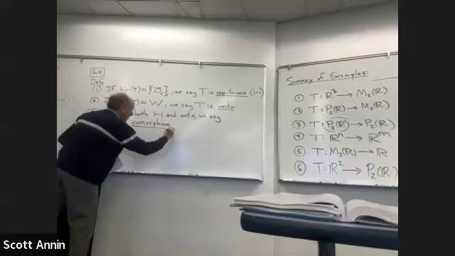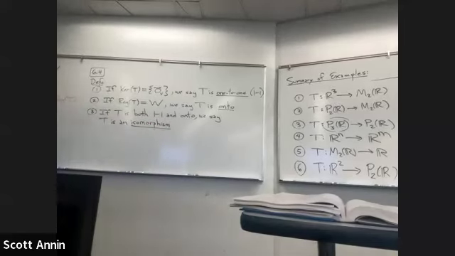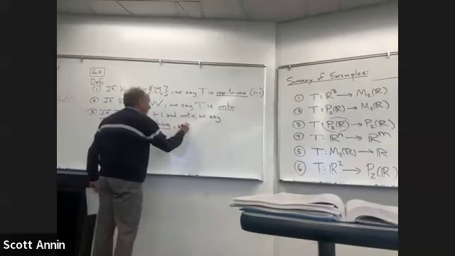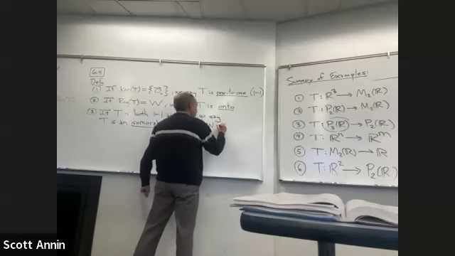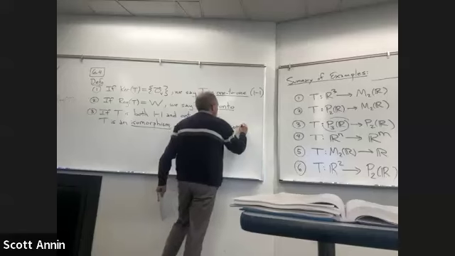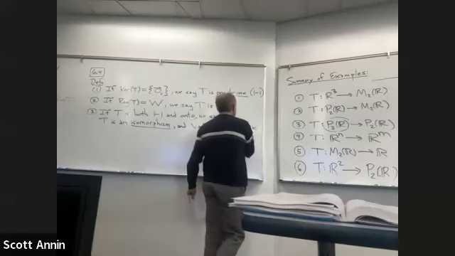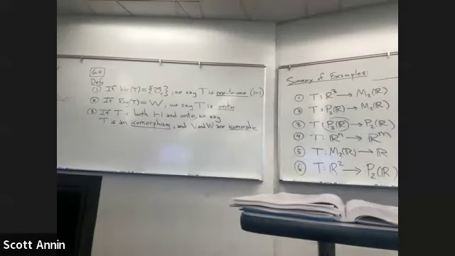Fancy word here. In this case, T is an isomorphism. And V and W, in this case, are what are called isomorphic. So in that case, the two vector spaces are isomorphic to each other.